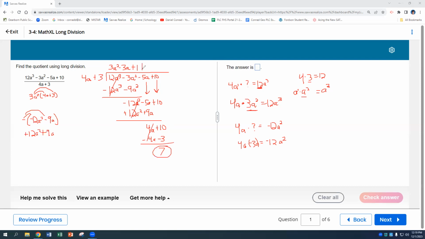So with our remainder, we're going to do plus 7 divided by 4a plus 3. And that's your remainder, 7 over 4a plus 3.